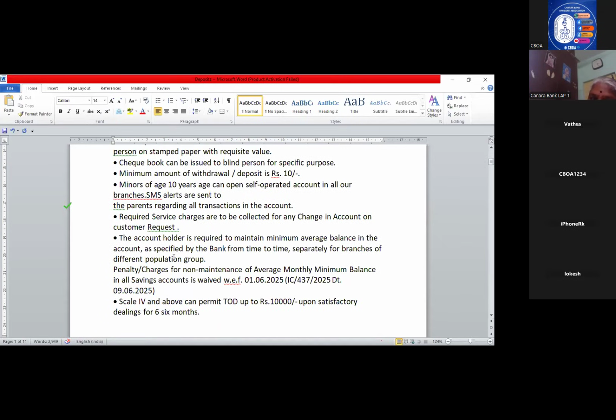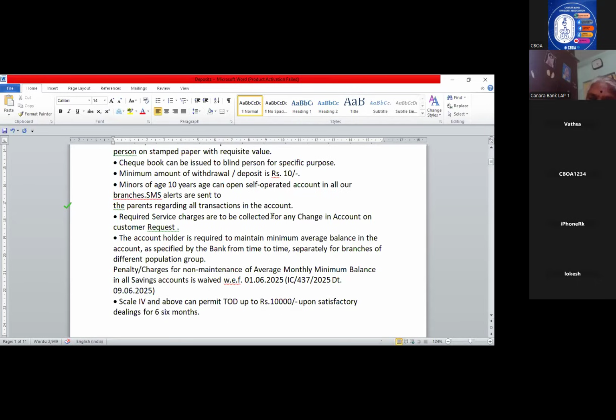The account holder is required to maintain minimum average balance as per the scheme guidelines. They have to maintain some minimum balance.